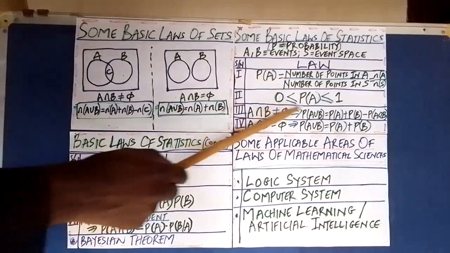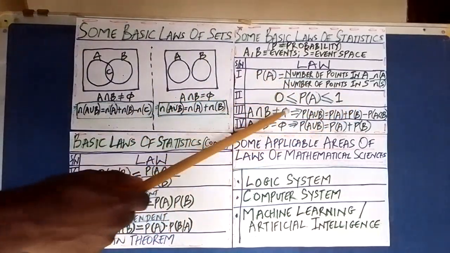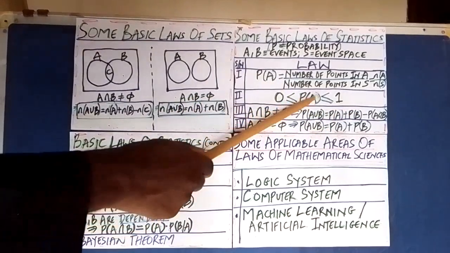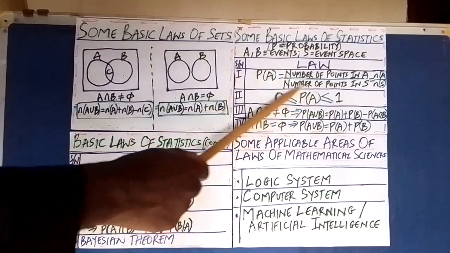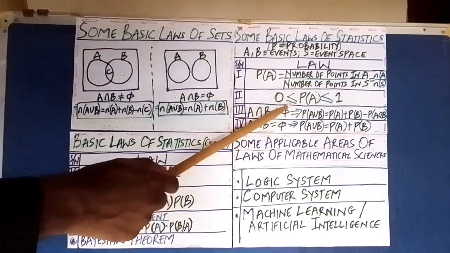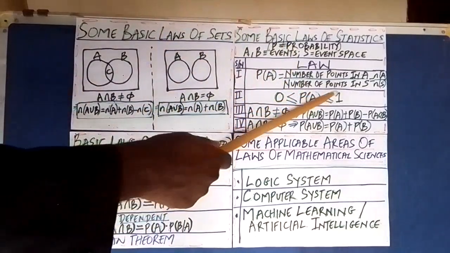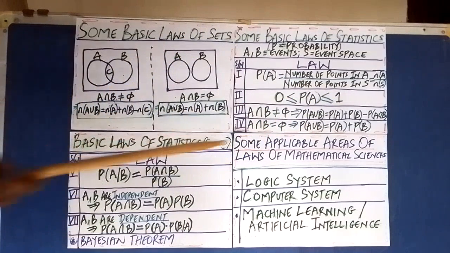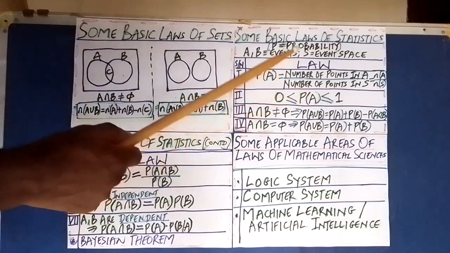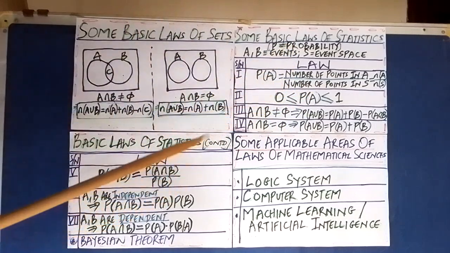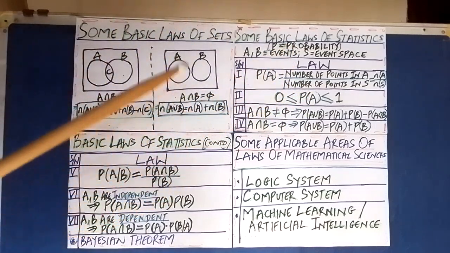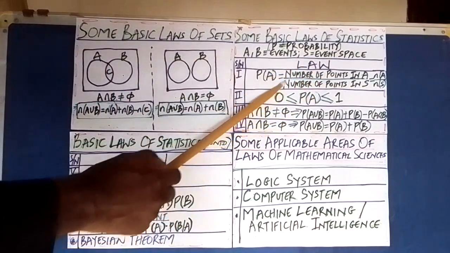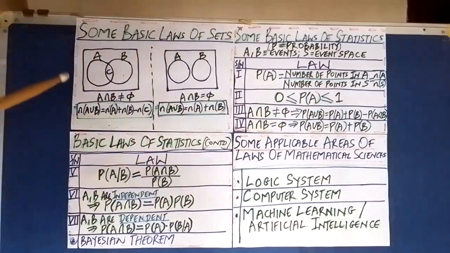That is to say, P(A) is greater than or equal to 0, but less than or equal to 1. So when you are talking of probability, it cannot be a negative value. It can be 0, and it must lie between 0 and 1.